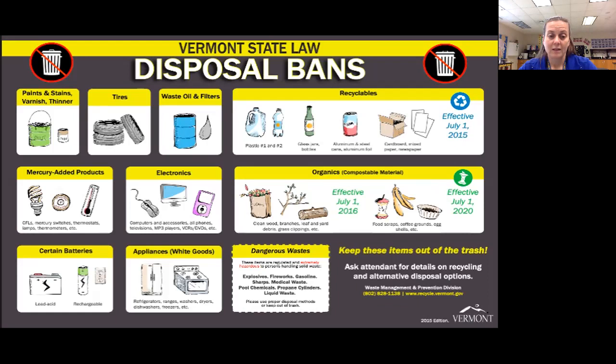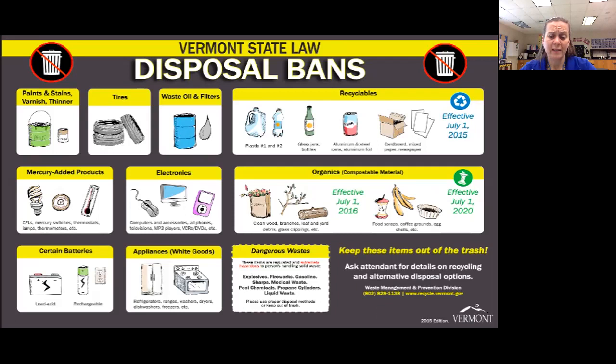Now, the rest of this is very similar to what's banned in Virginia. You should not put these things in your trash can: not paint, not tires, not oil, not anything containing mercury, including compact fluorescent light bulbs. Don't put your electronics in the trash can, or batteries, or appliances.